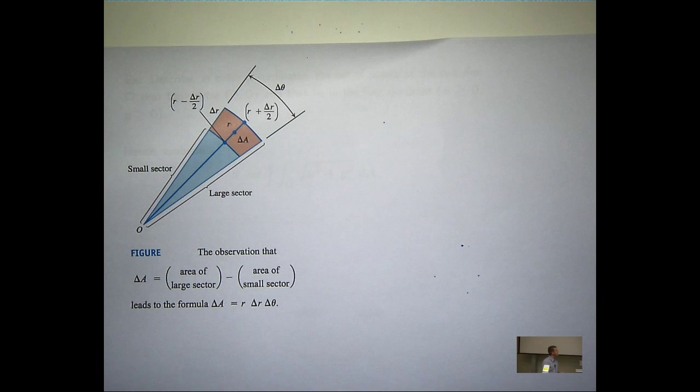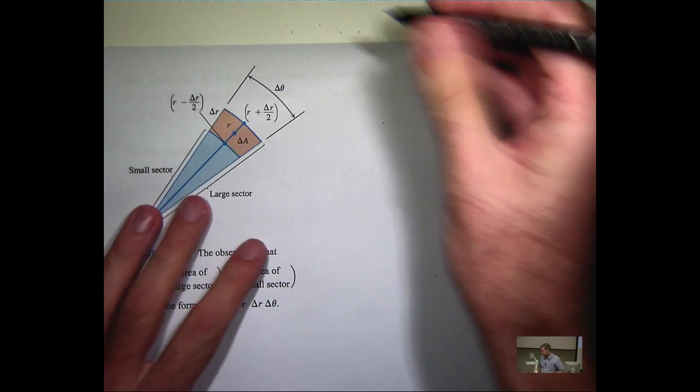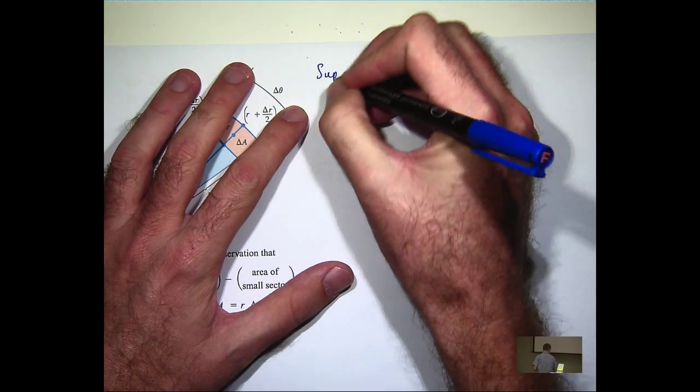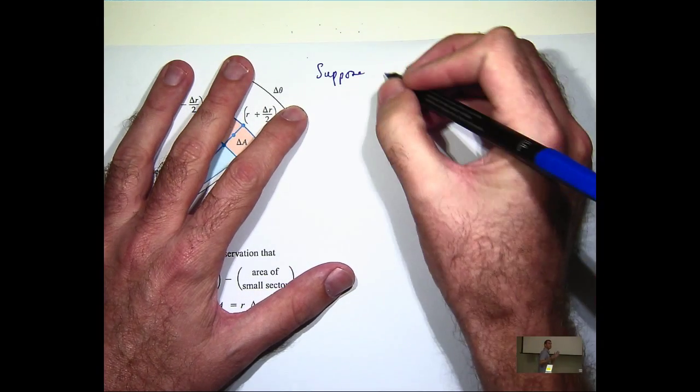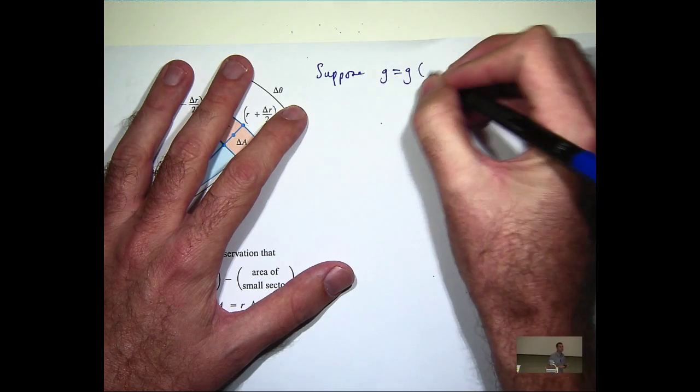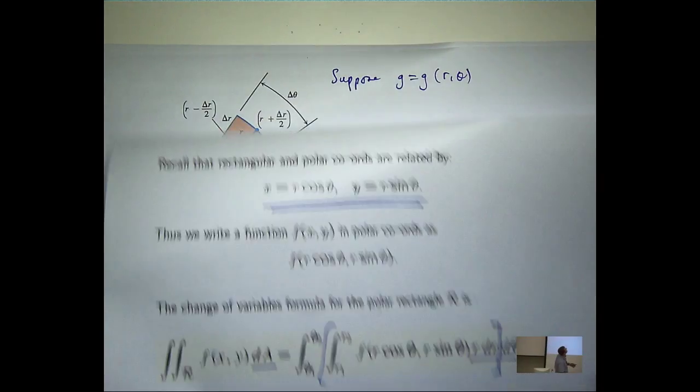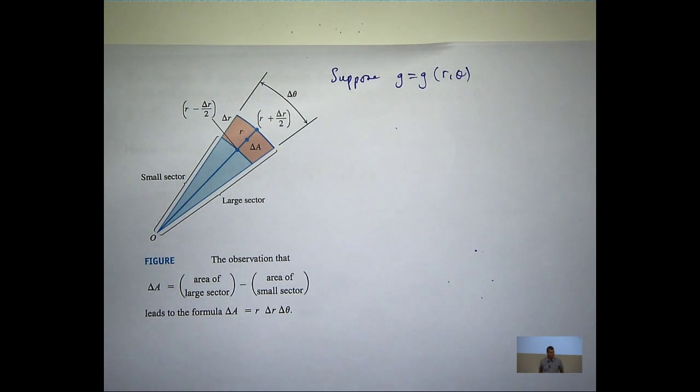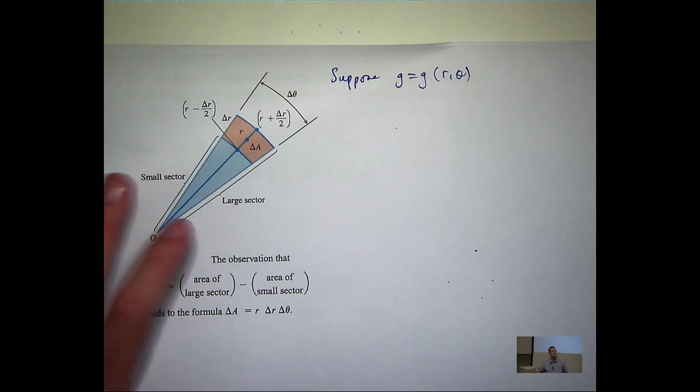Before we get to that, I'm going to show that as a special case of the following. Suppose I've got a function of r and theta. It doesn't have to be this function here, but just a general function g.